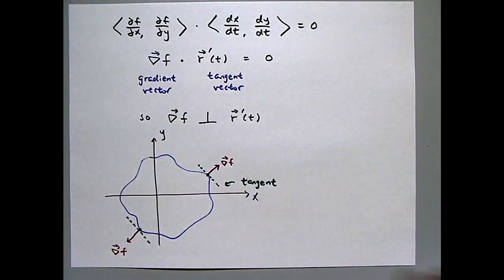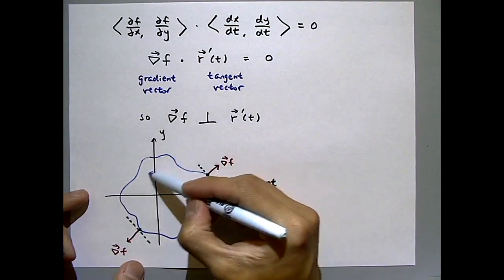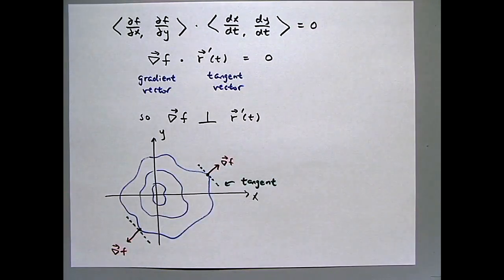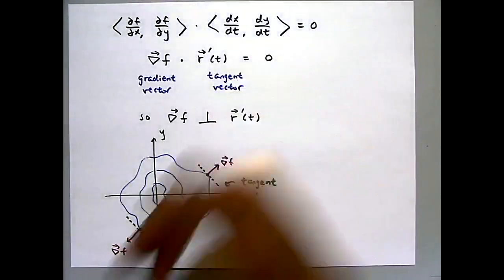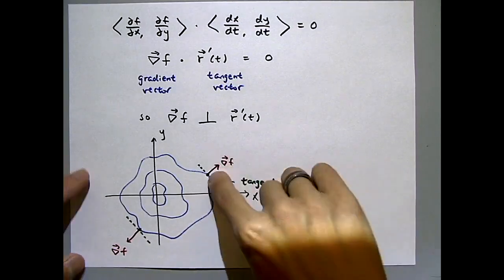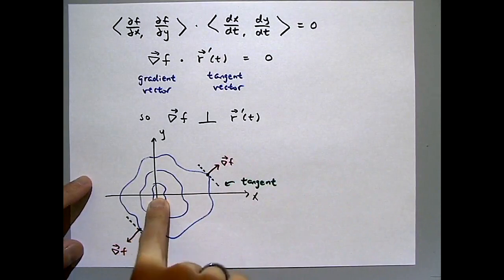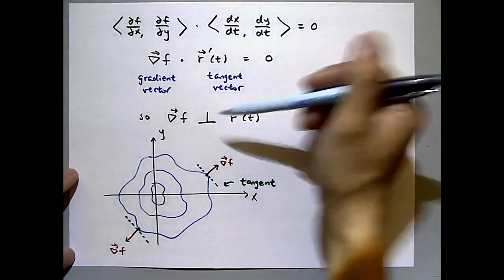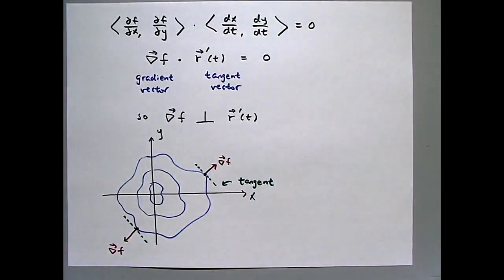If you're climbing a mountain and these are different levels of height, and you want to get to the top of the mountain or get to the bottom the fastest you can, you want to travel in a direction that is perpendicular to the level curve on every level curve. That way you'll get the shortest distance from where you are to the peak, or from the peak down to the ground level. Does that make sense? Yep. The gradient vector is always perpendicular to the local tangent vector.